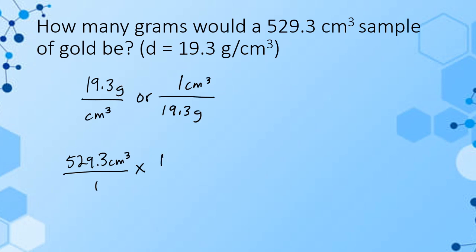I take my 19.3 grams per centimeter cubed. These centimeters cubed will cancel out, and I'm left with 529.3 times 19.3 divided by 1 times 1. And so therefore, the whole problem works out to 529.3 times 19.3.